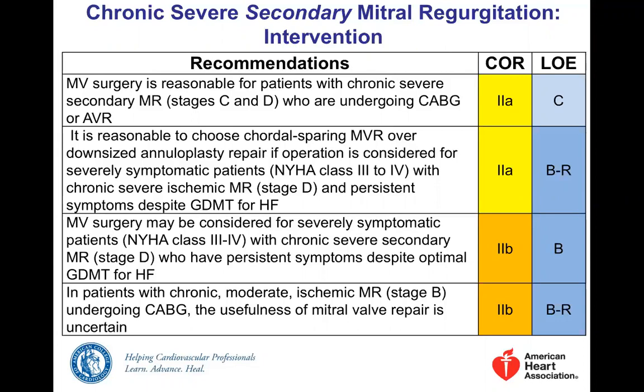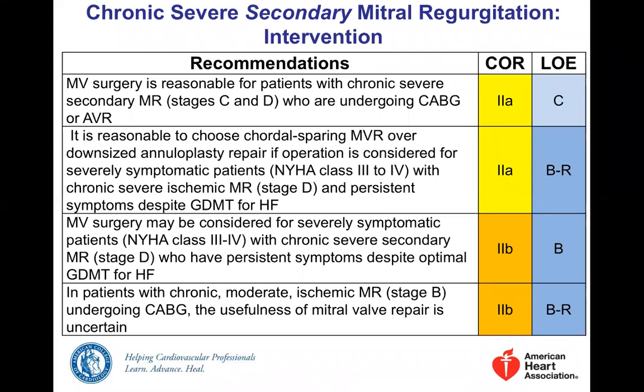It is reasonable to choose chordal-sparing mitral valve replacement over downsized annuloplasty repair if operation is considered for a severely symptomatic patient, NYHA class 3 to 4, with chronic severe ischemic mitral regurg, stage D, and persistent symptoms despite medical therapy for heart failure. This is a class 2A.